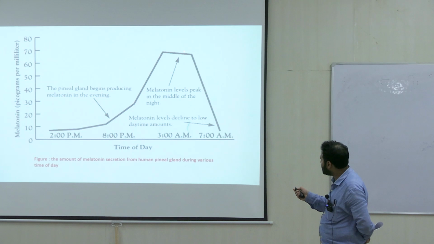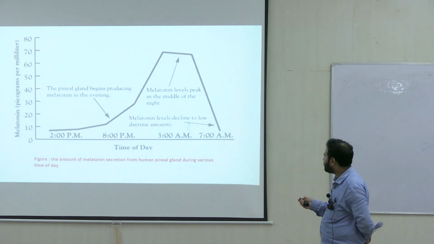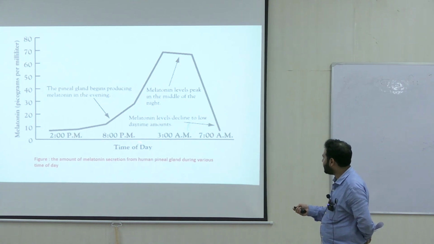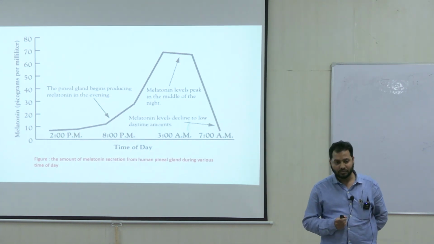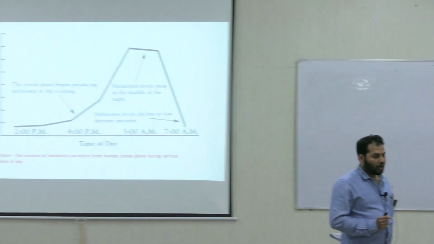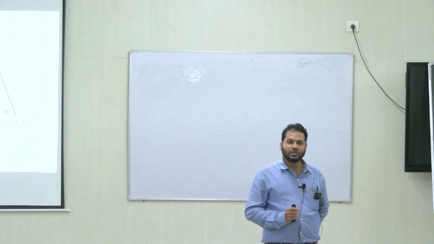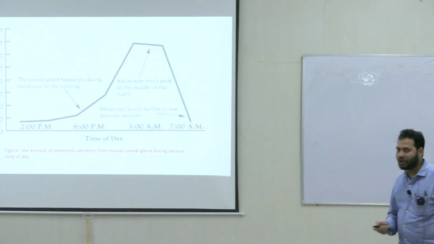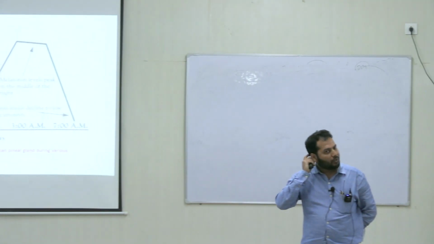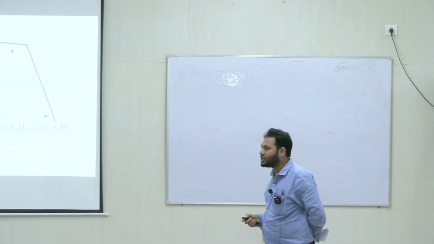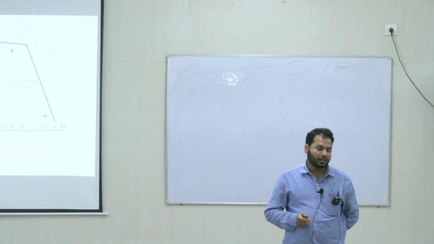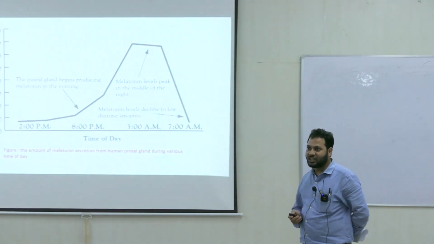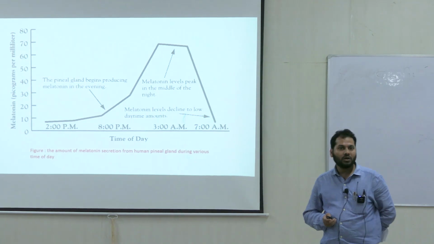After that there is a sharp decline, and again it is near the baseline. It means this hormone's secretion is influenced by different time points. Why different time points? Because at different time points the stimulus, that is the wavelength of the light, is different.